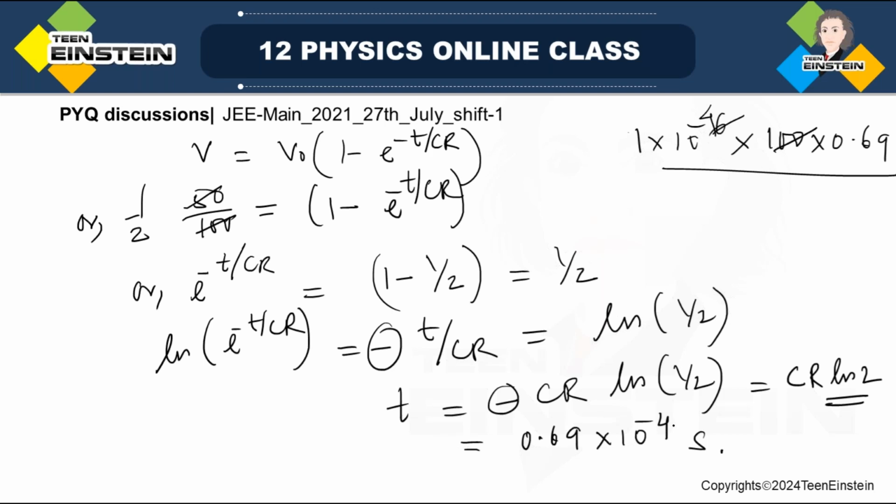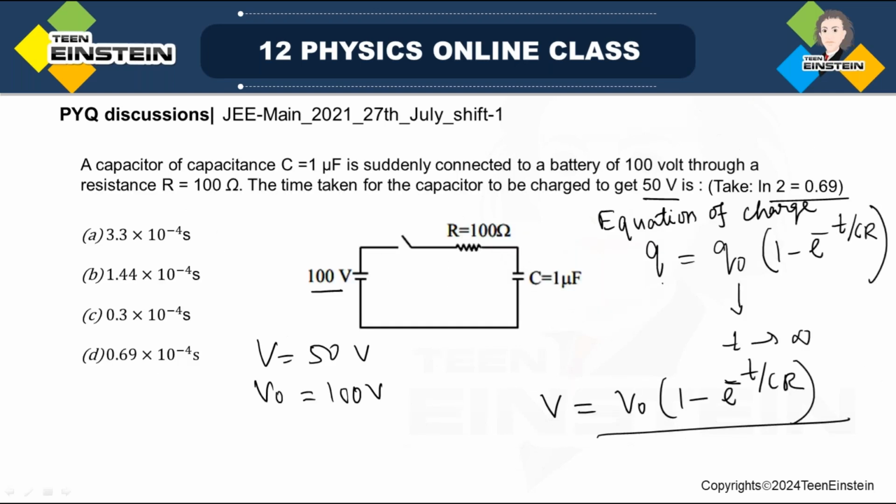So at time t equal to 0.69 into 10 to the power minus 4 second, the voltage will be 50 volt across the capacitor. Or the potential difference across the plates of the capacitor will be 50 volt at this time.